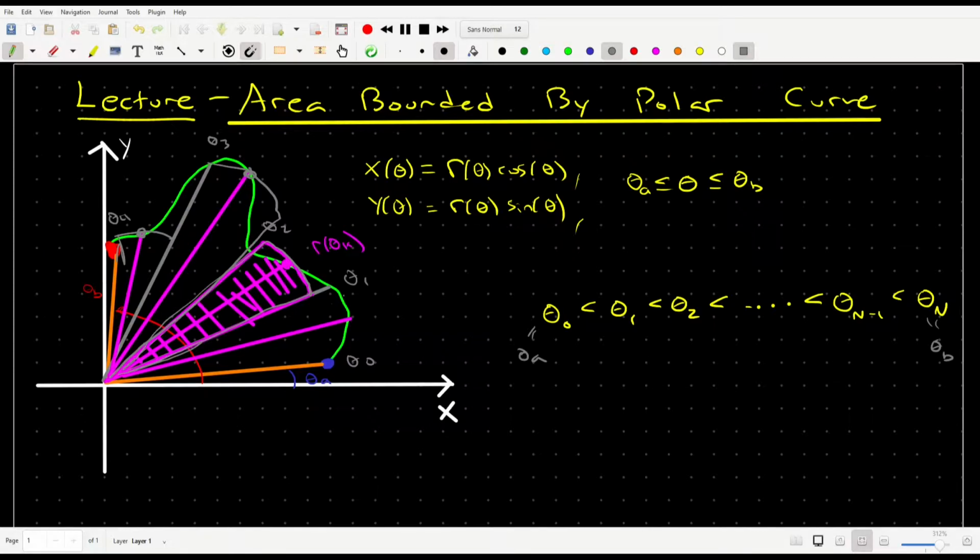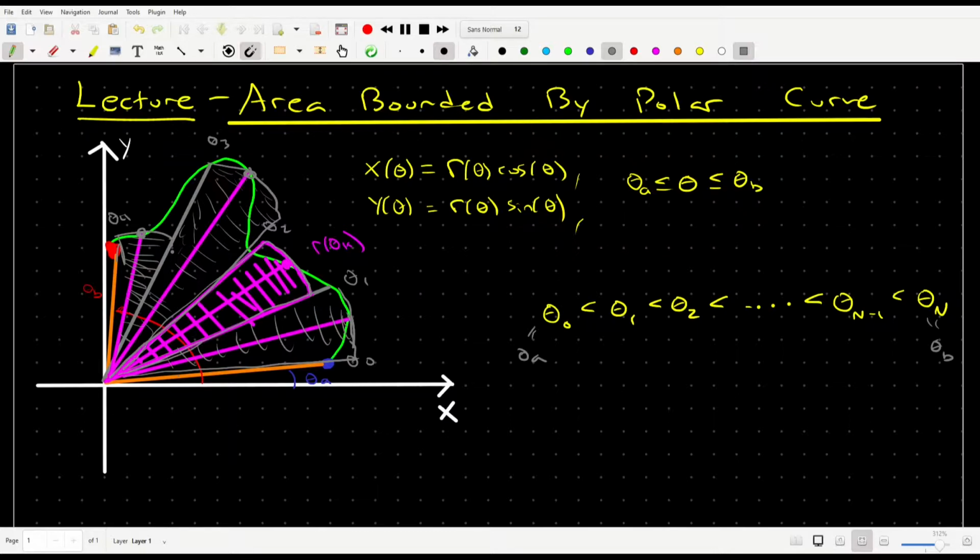The sum of the areas of these segments is not the exact value of the area traced out by this polar curve, because you have regions where the circular segment goes over and regions where it doesn't capture the actual area, but it is an approximation to the total area.